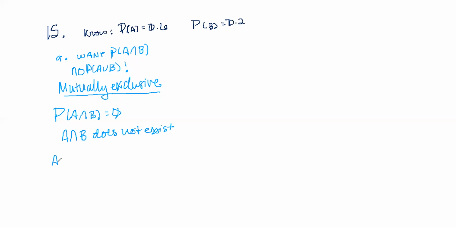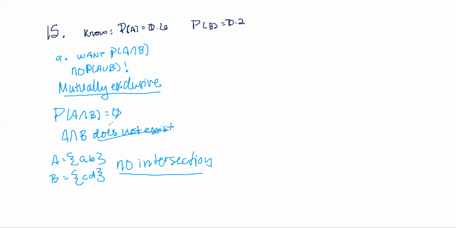There is no instance where, for instance, if we had A and B here, and B would be C, D, there is no intersection. It doesn't exist, so the probability of picking something that doesn't exist is 0. Okay.